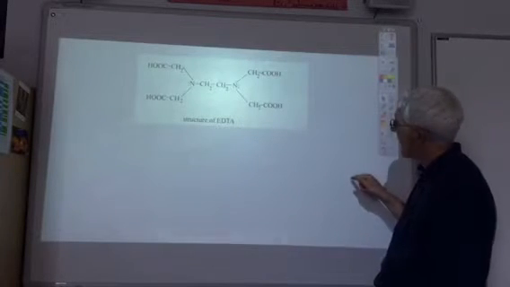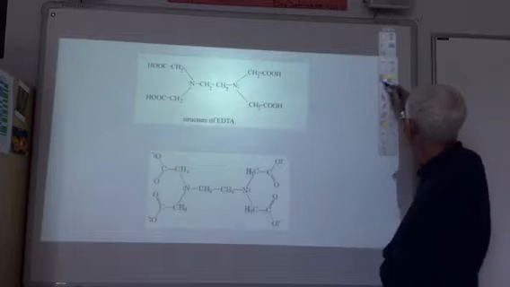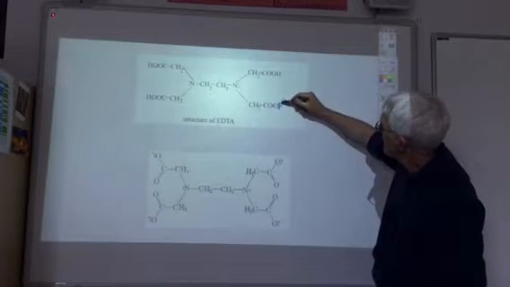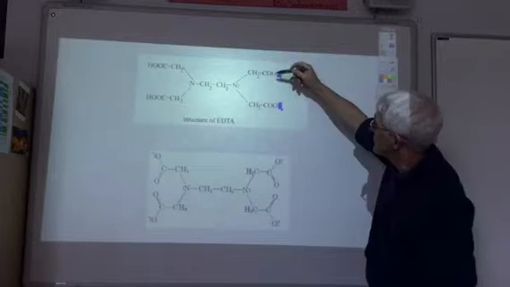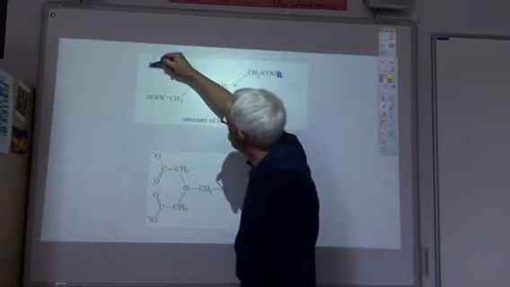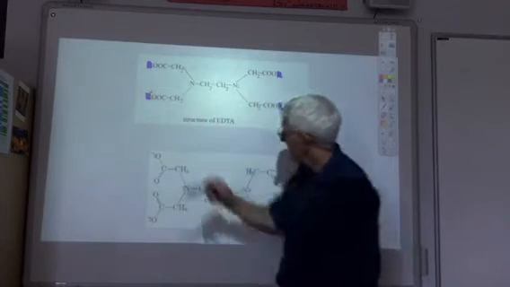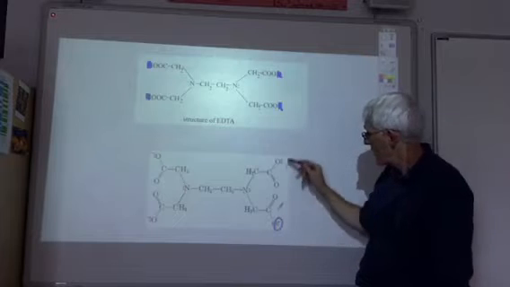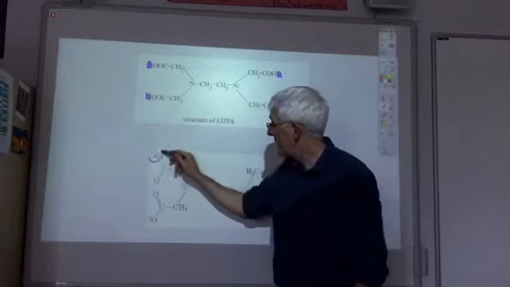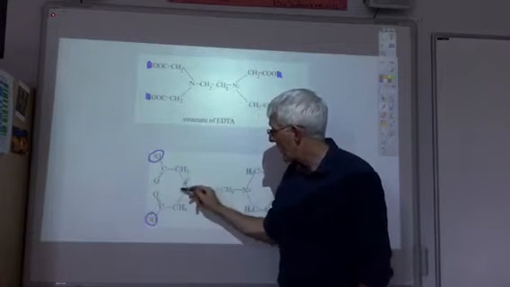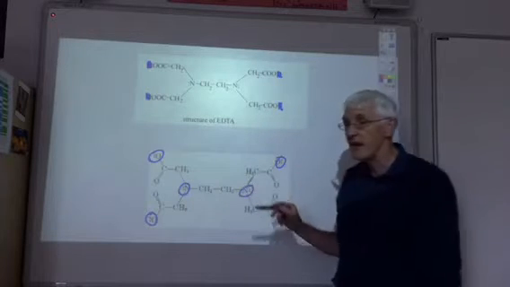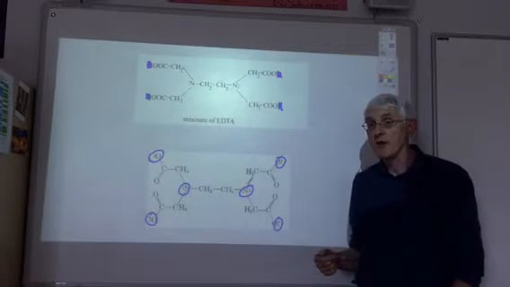So, under alkaline conditions, we lose the 4 hydrogens which are attached to the carboxyl groups, leaving 1, 2, 3, 4, 5, 6 lone pairs which can bond with a transition metal.